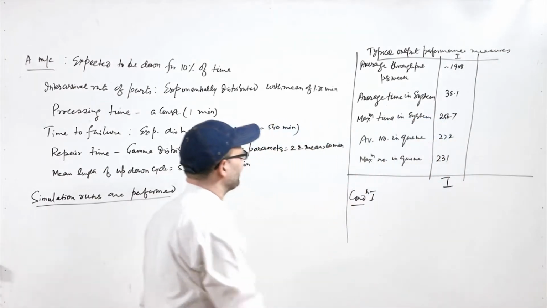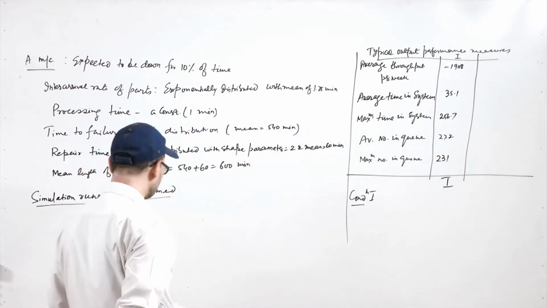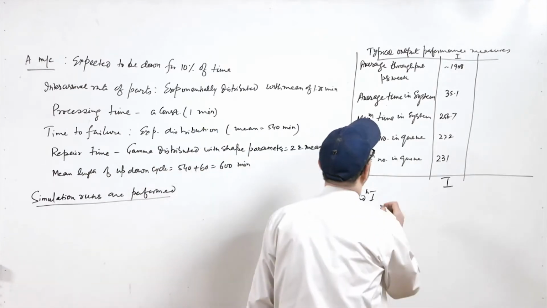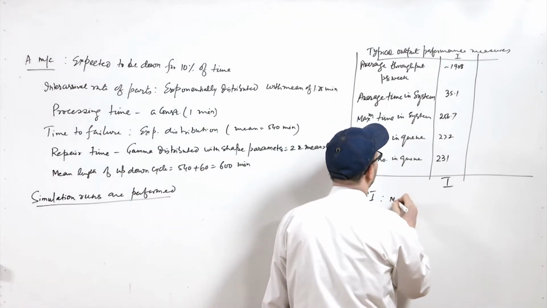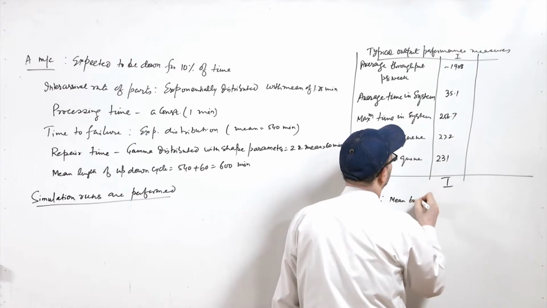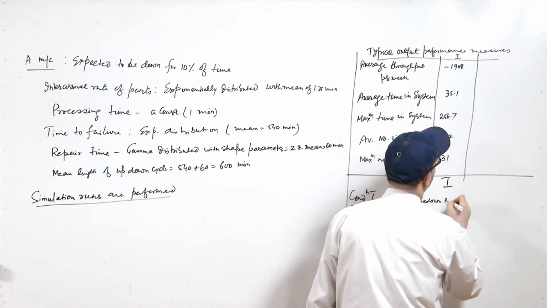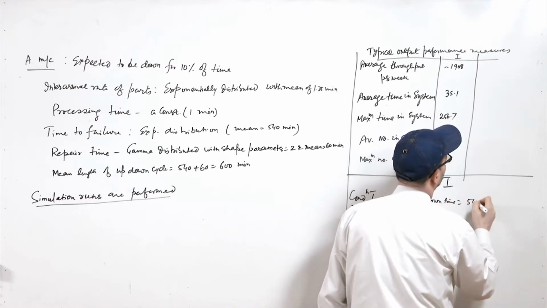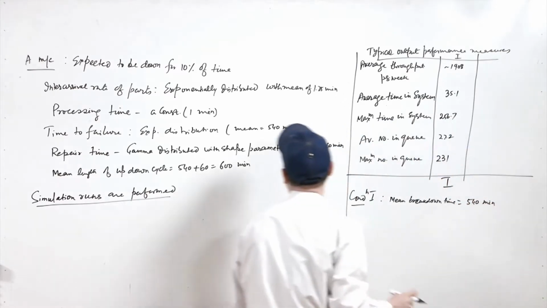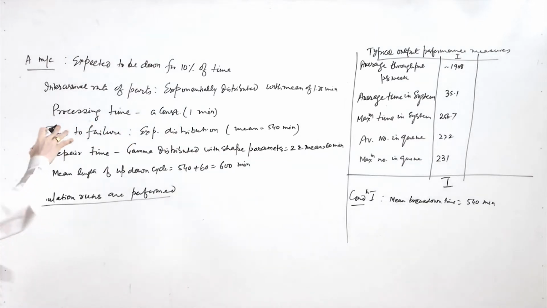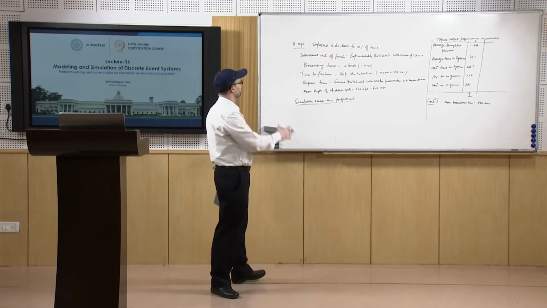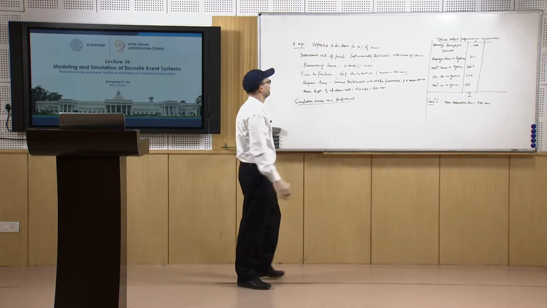So, what is this condition 1? Condition 1 is using that mean breakdown time, taken as 540 minutes, and we are taking the inter-arrival time as exponentially distributed with a mean of 1.25 minutes, and processing time constant at 1 minute.